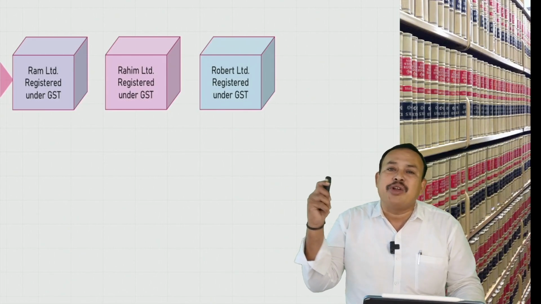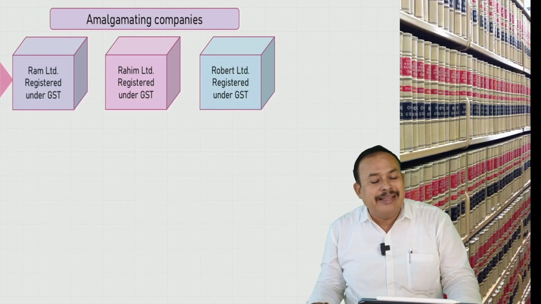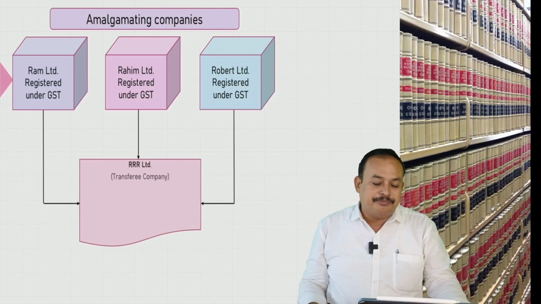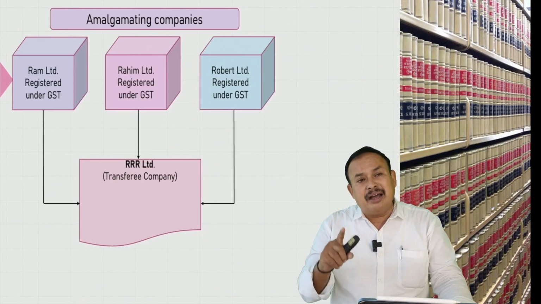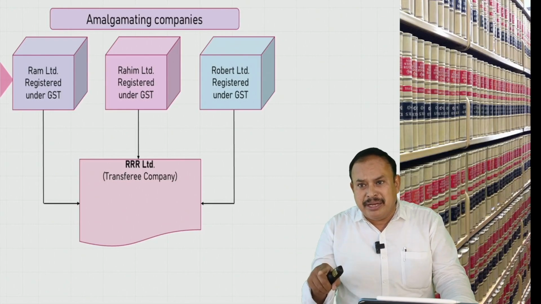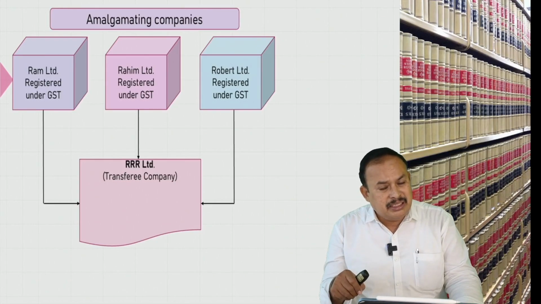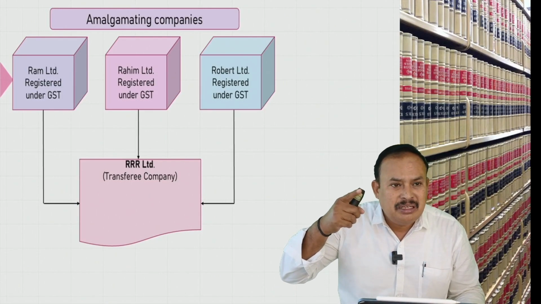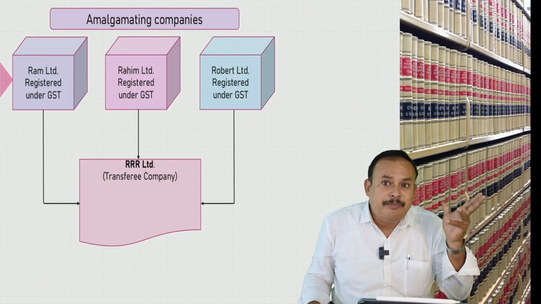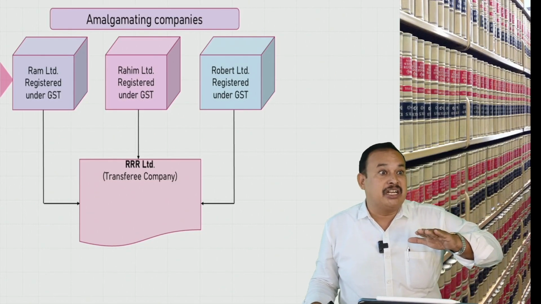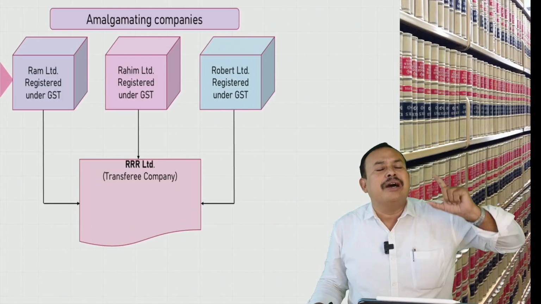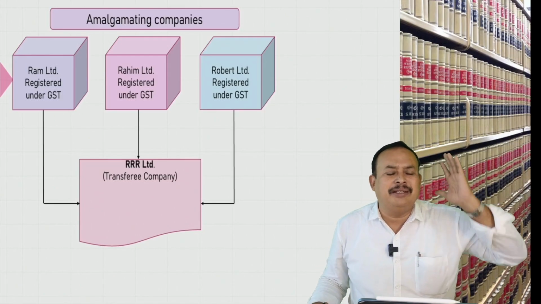All 3 join together and form a new company in the name of amalgamation: RRR Limited, Triple R. Now, RRR Limited is a new company that has emerged out of the merger of Ram, Rahim and Robert. They are basically registered persons. Resultantly, RRR Limited, for you, registration is compulsory.